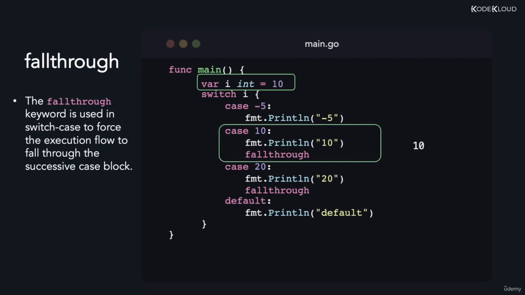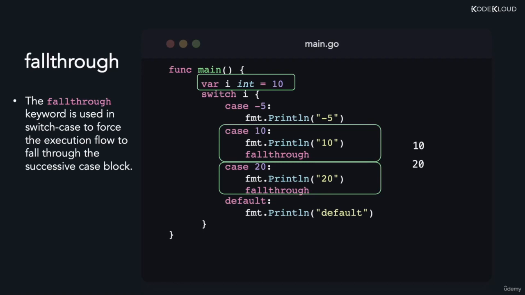But we also find that this case has the fallthrough keyword written. So it forces us to fall through to the next case block, which is case 20. In this case block, it says fmt.Println 20, and hence we get 20 in the output as well.